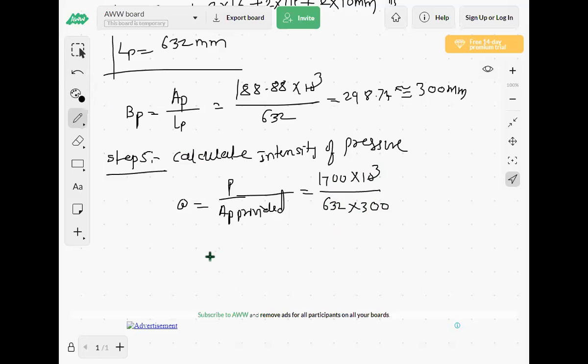Tell me the intensity of pressure in Newton per mm square.